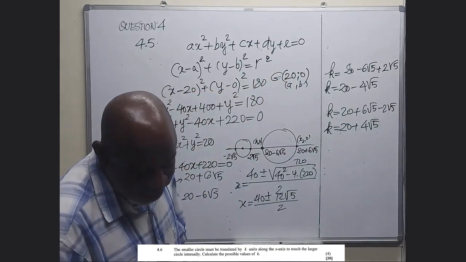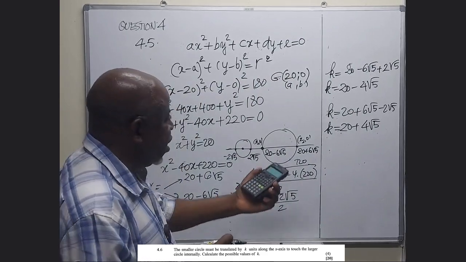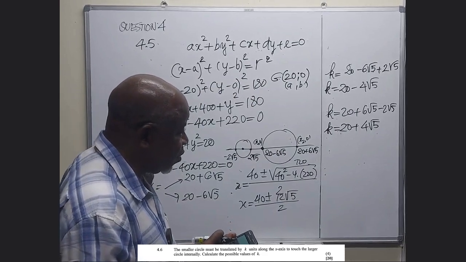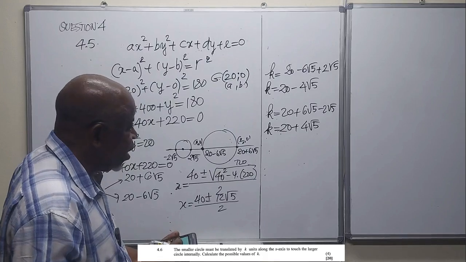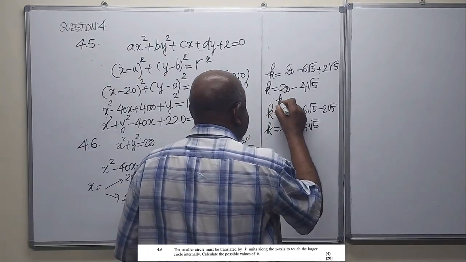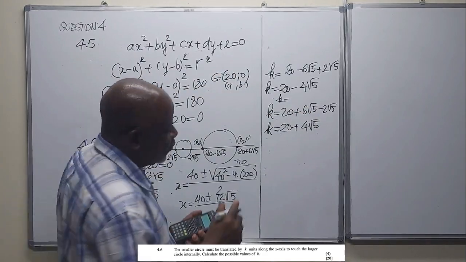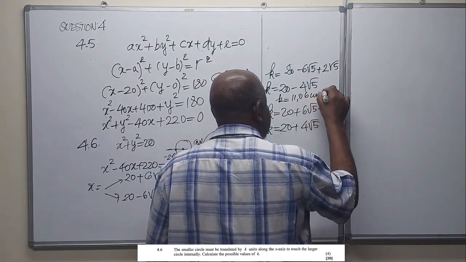If we want to calculate, I'm going to use my calculator for the first value: 20 minus 4 square root of 5. Then I get approximately 11.06 units.